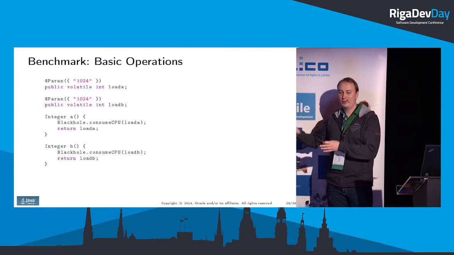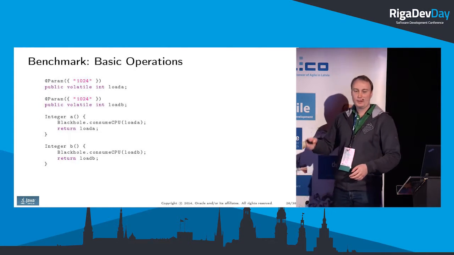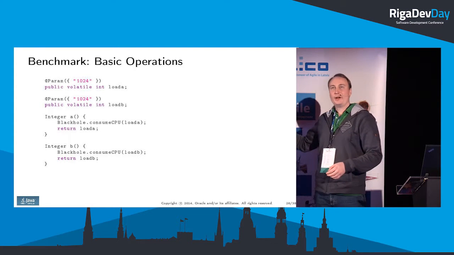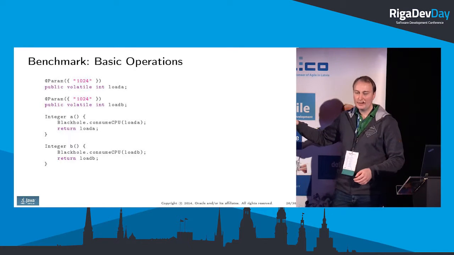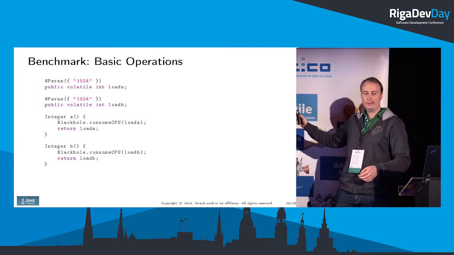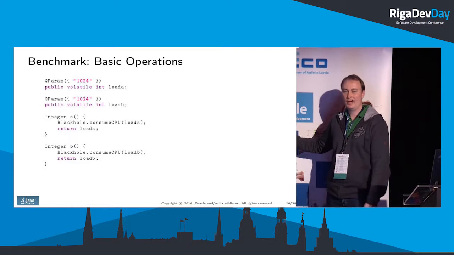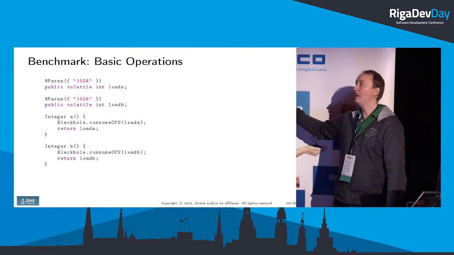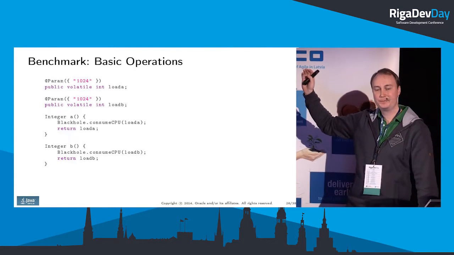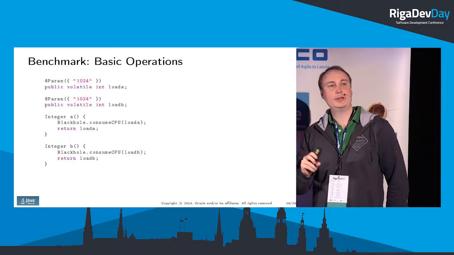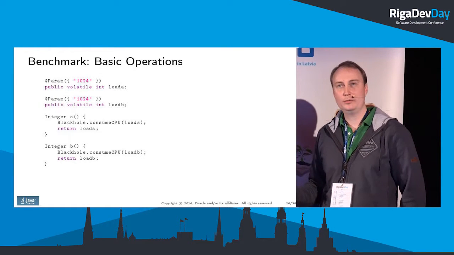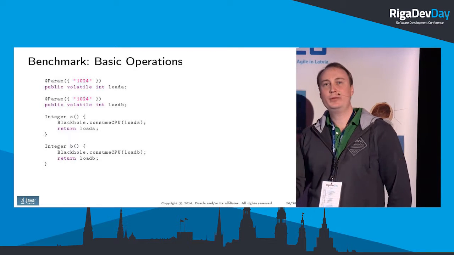The benchmark description is pretty straightforward. There are two parameters that define the backoff for two simple operations. Operations just return values, but they burn CPU cycles. It's a utility method, Blackhole.consumeCPU. It's not sleep.